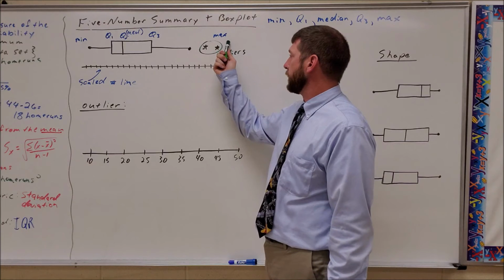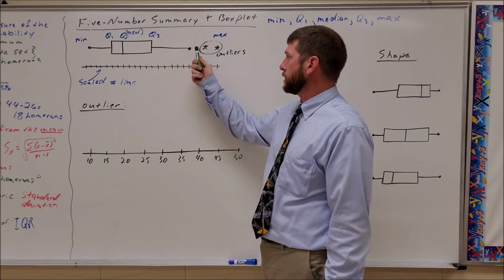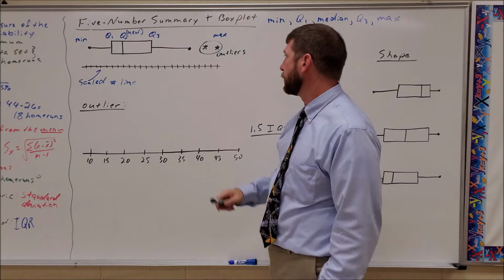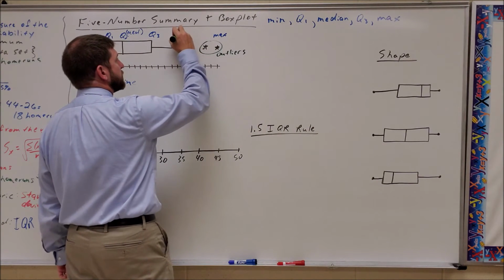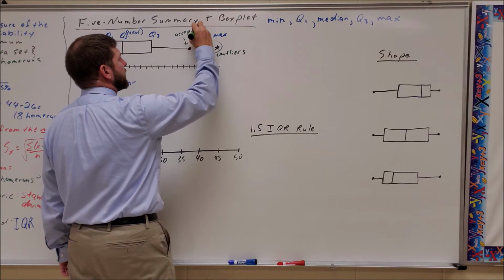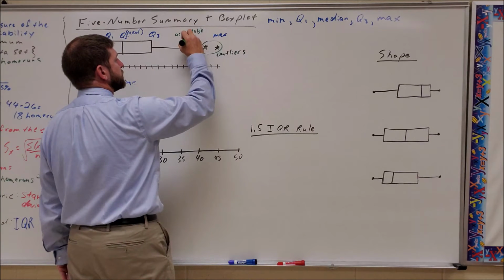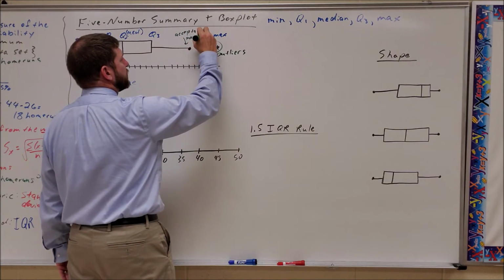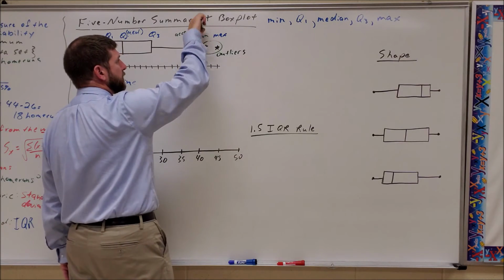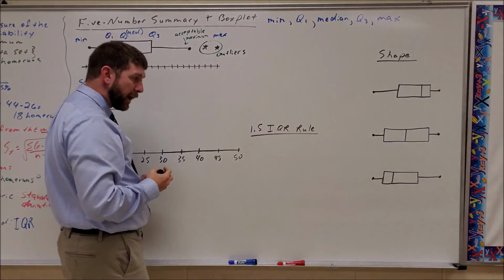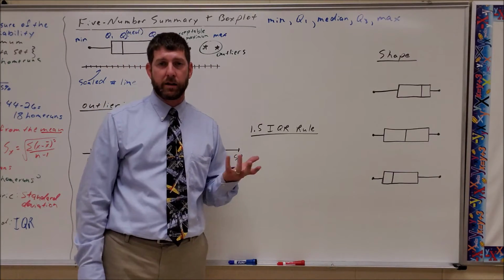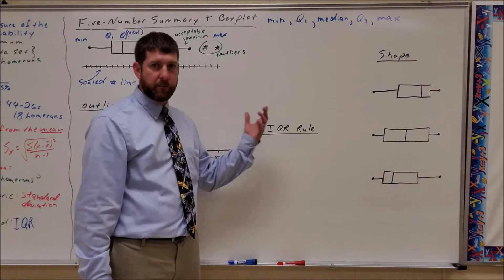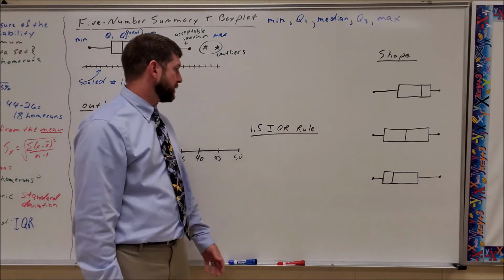If the maximum is out here, not at the end of the whisker, because these are all the points in my data set, this value is actually your last acceptable maximum. Acceptable maximum. Well, how can we have values in our data set that are not acceptable? Well, if they're outliers, we might consider them unacceptable. Sometimes we might want to treat outliers as acceptable, but maybe we're deciding that they're unacceptable.